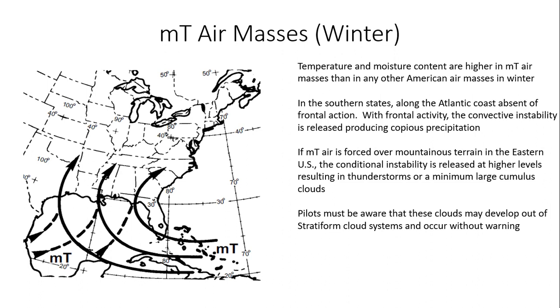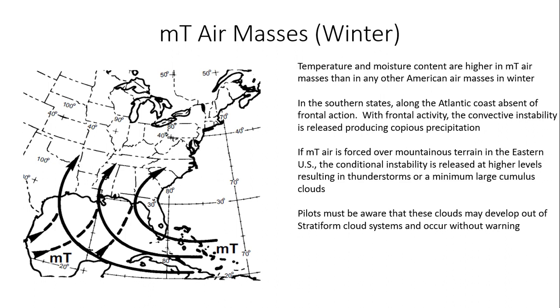Now, what about the maritime tropical air masses in winter along the eastern U.S.? The temperature and moisture content are generally going to be higher in the mT air mass because it's maritime tropical, it has the ability to hold more moisture when it's warmer, as compared to a polar air mass.